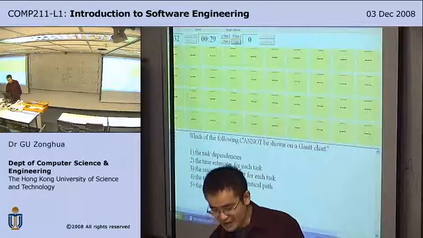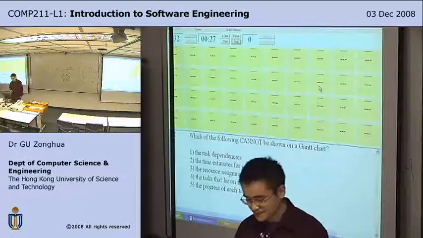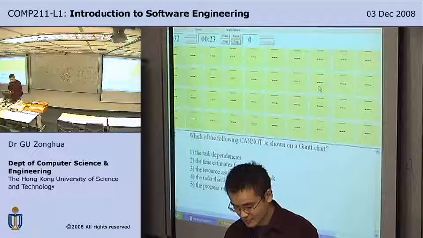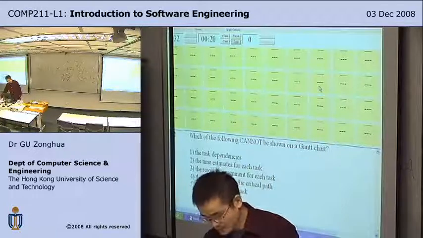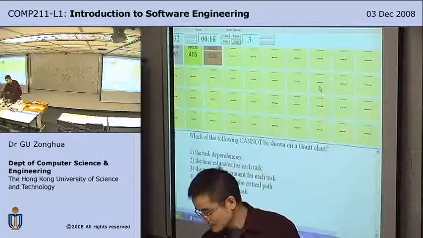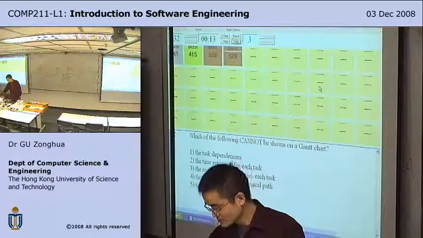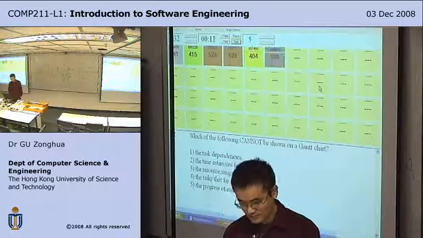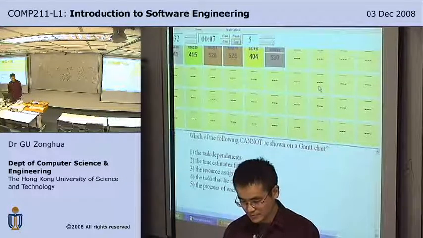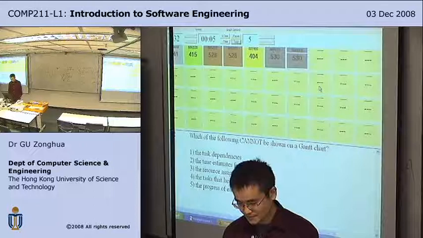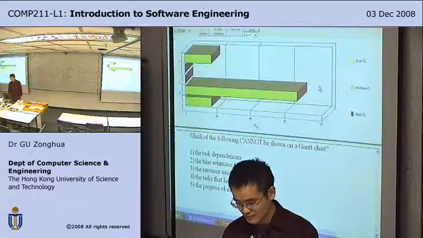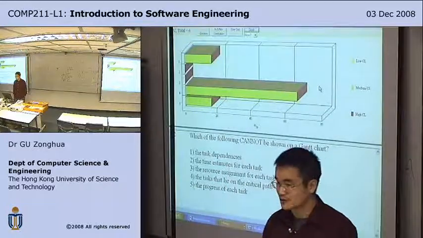Which of the following cannot be shown in the Gantt chart? Four is shown in the PERT chart.